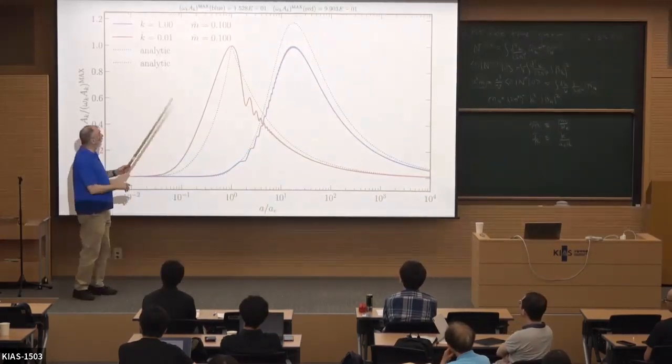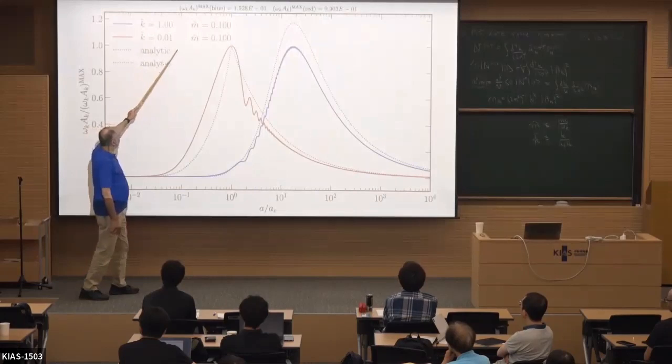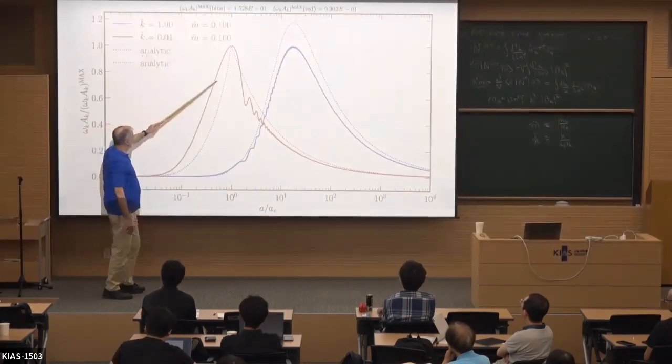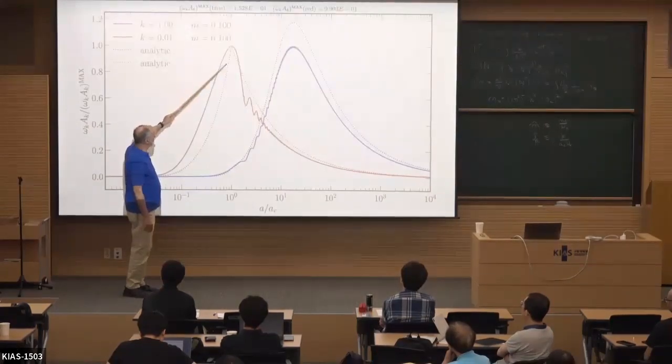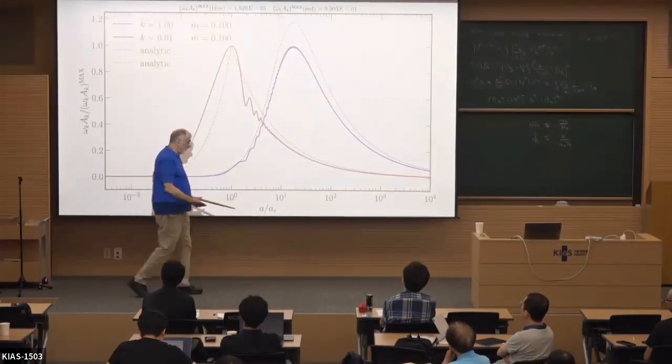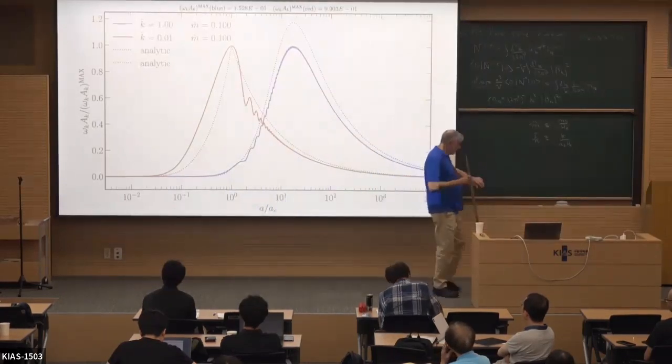And it's more important for m larger than k. So if m is larger than k, there's a noticeable discontinuity in the adiabaticity parameter.